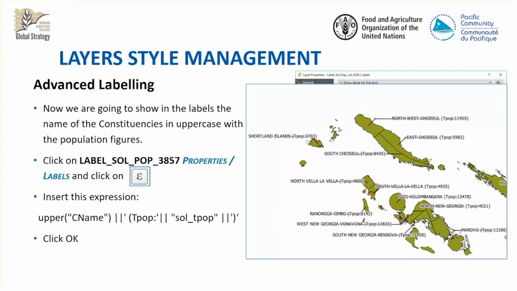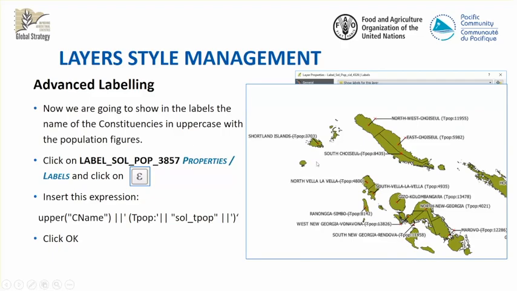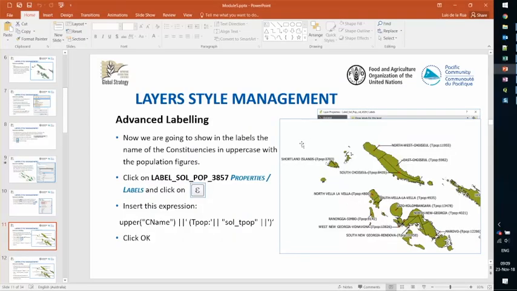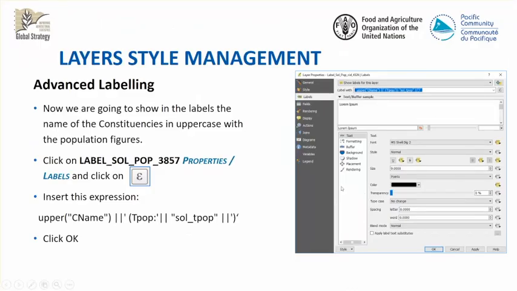So what we're going to do is we go to properties, we go to labels, and you will see we choose show labels for these styles.